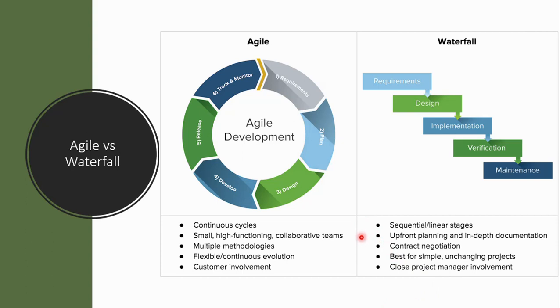But if the scope seems to be changing, or the customer does not clearly understand what he wants, then of course agile development is more beneficial. So here is a continuous cycle, continuous iterative cycles, collaborative teams, high functioning, flexible, and with continuous customer involvement.